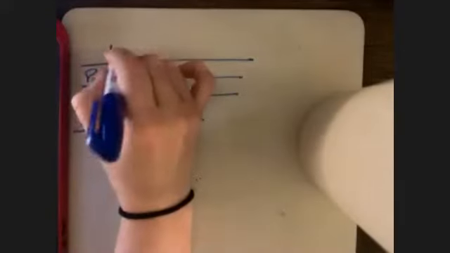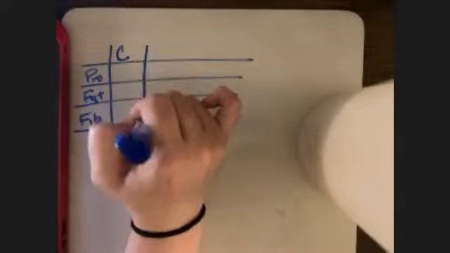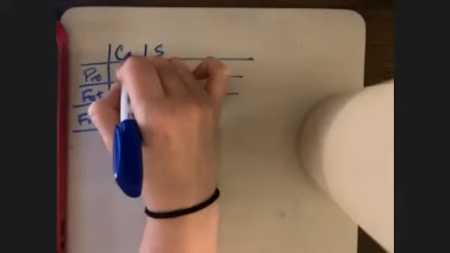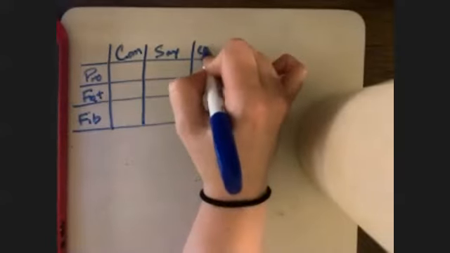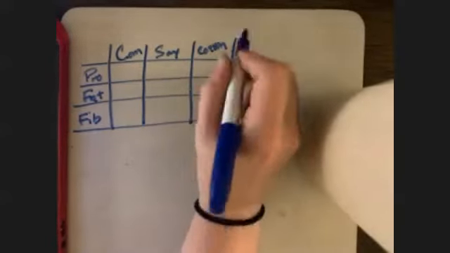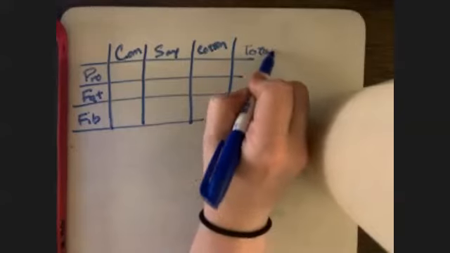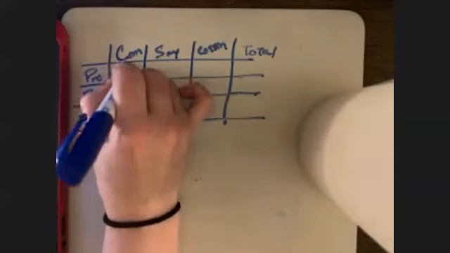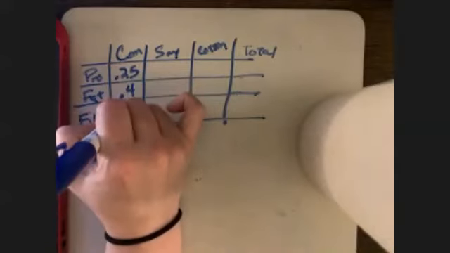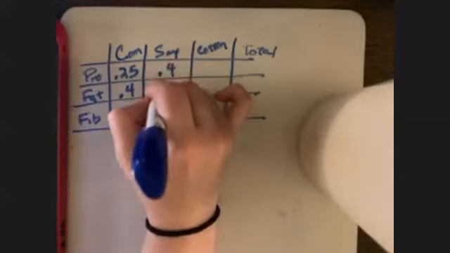Okay. And then corn, soybeans, cottonseed, and then there is a total amount that they need to get of each of these items, okay? So I'm just going to kind of fill these in.